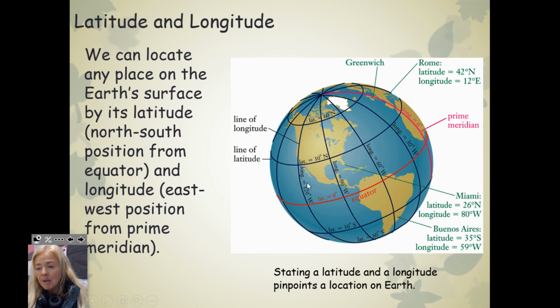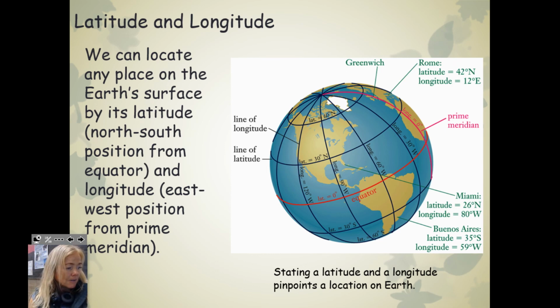So 180 minus 80, the difference is 100 degrees east. I'm going to write it down so I don't have to remember those numbers.